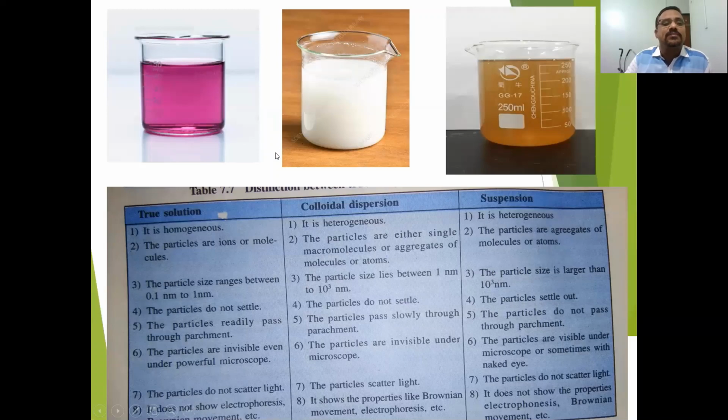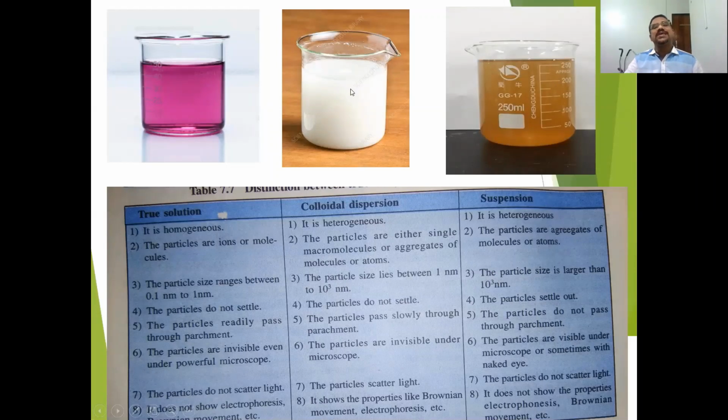I will tell you one by one. Can you identify which one is the true solution? Yes, correct, you are guessing the correct one. This is your camphor solution.